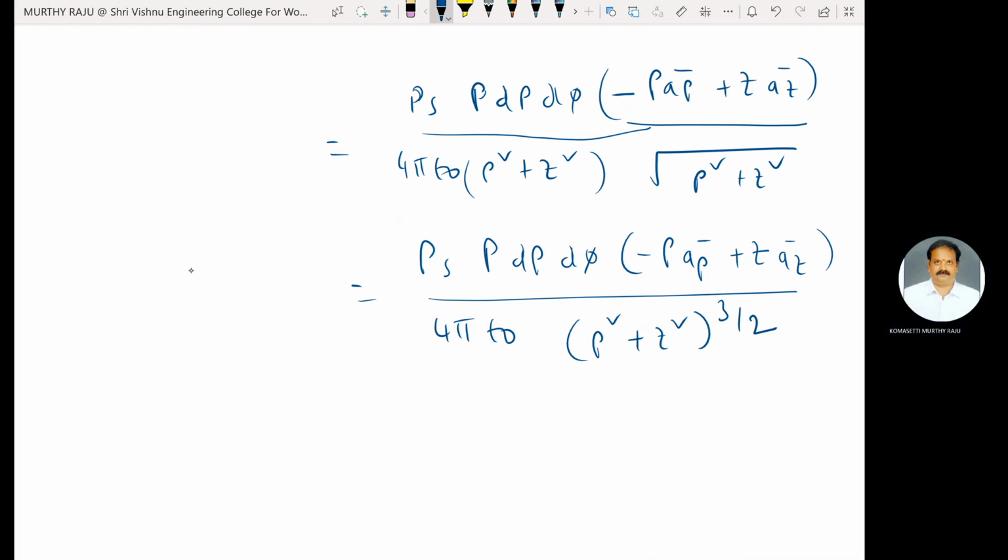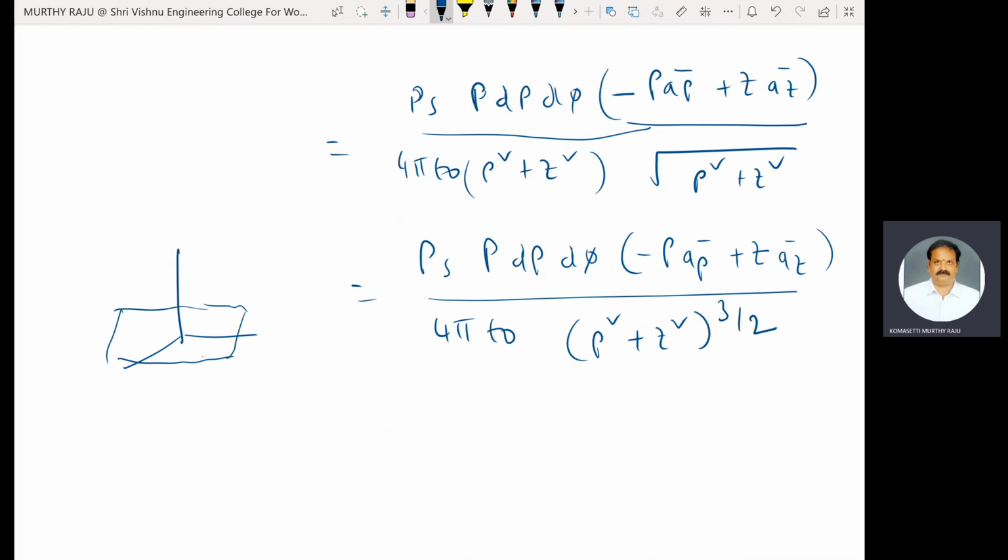Here, this one is the sheet, an infinite sheet of charge in the xy plane.